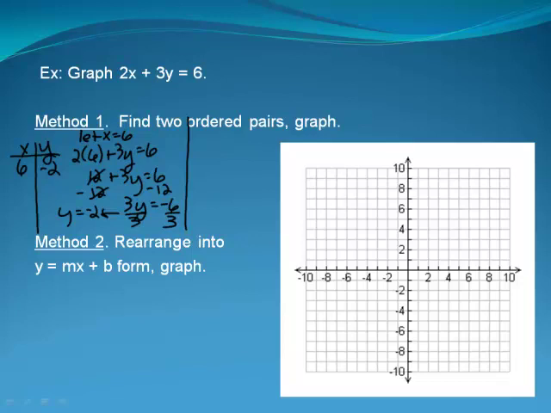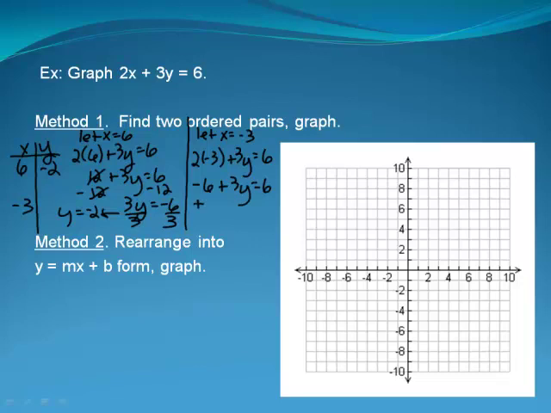In addition to that, I'm going to choose another x value. I'm going to let x be negative 3. So now I've got 2 times negative 3 plus 3y equals 6. That gives me negative 6 plus 3y equals 6.